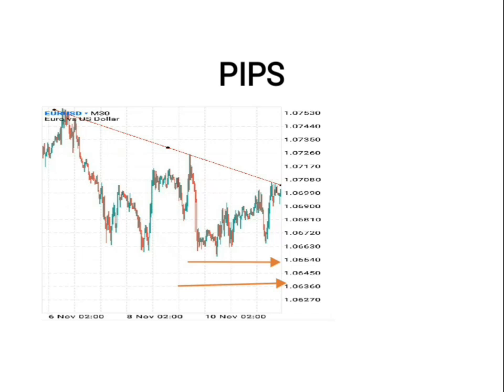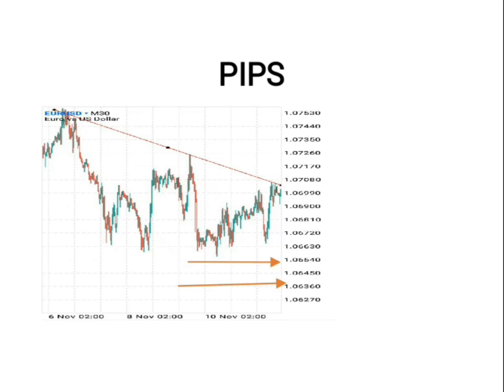So what pip helps us to do in trading is to understand our stop loss, and also to understand our take profit or our partial profit, or how much you want to gain in the market.